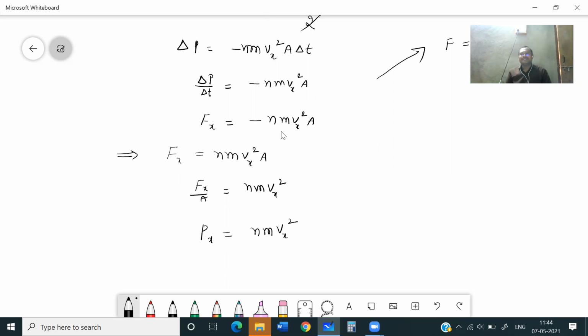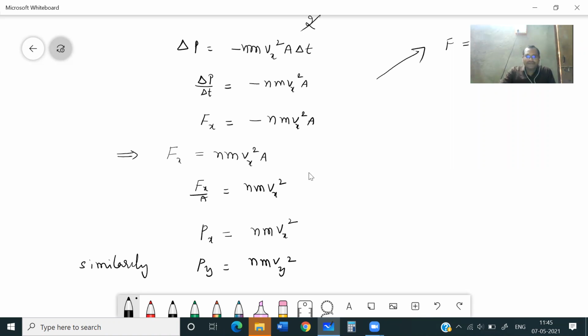As we know, the gas in a cylinder or in any closed container will exert pressure along x-axis, along y-axis, along z-axis also. That means if gas molecules are moving along x-axis, this much pressure is there. Along y-axis, how much pressure is there? Again, n m vy square pressure will be there. Similarly I am writing, no need to derive again.